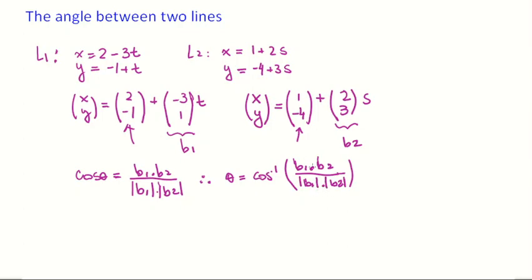Alright, so B1 dot B2. So how much is this? This is a dot product of vectors. B1 is (-3, 1), and B2 is (2, 3). So we multiply each pair and we sum them up. Negative 3 times 2 is negative 6, plus 3 times 1. So this is negative 3.